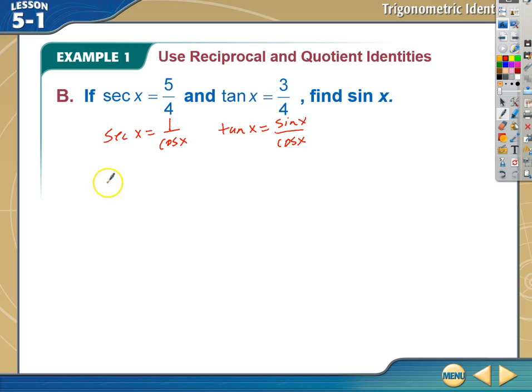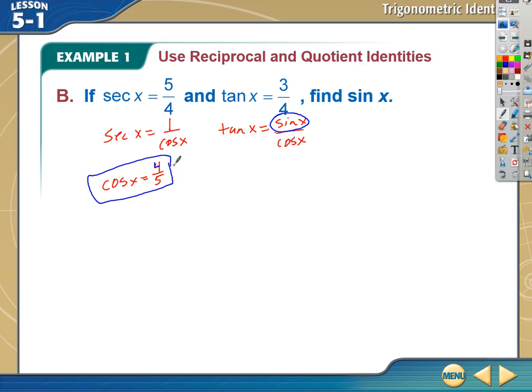Cosine is 1 over secant. So cosine of x in this case is going to be equal to, flip it, 4 over 5. Now, why did I do that? Because I want sine of x. I have it someplace in here, but I got to get rid of cosine of x. Here, I just found cosine of x right here.